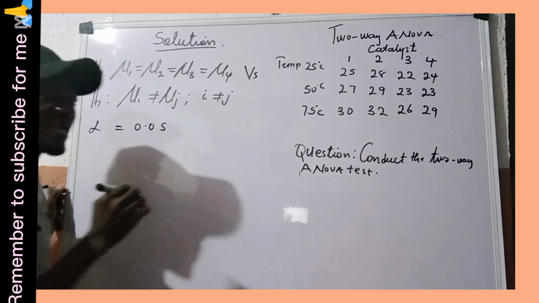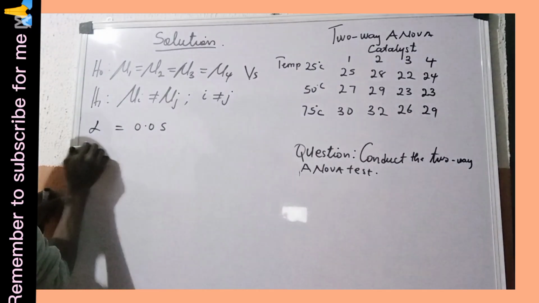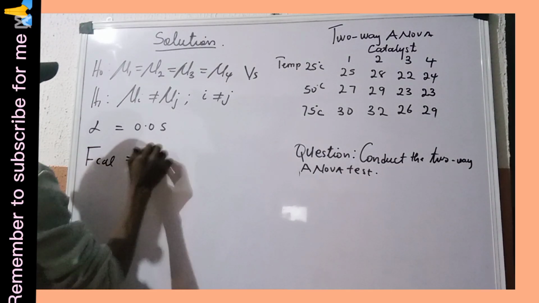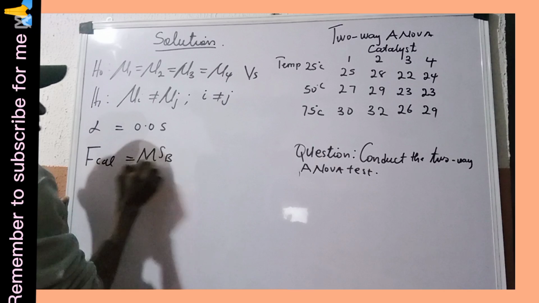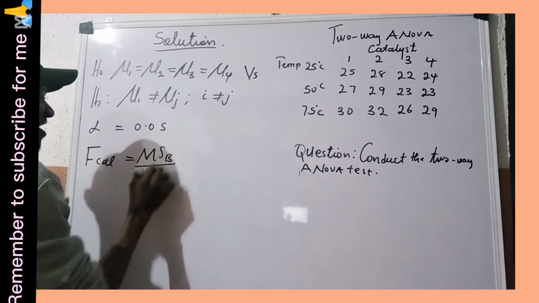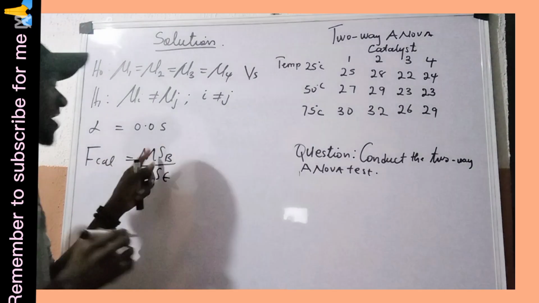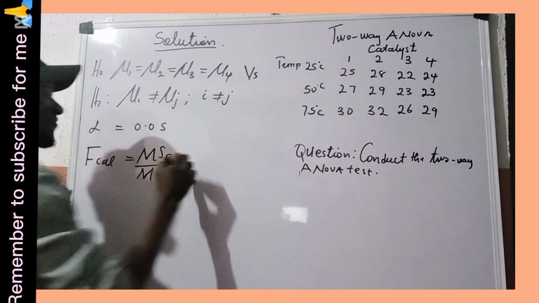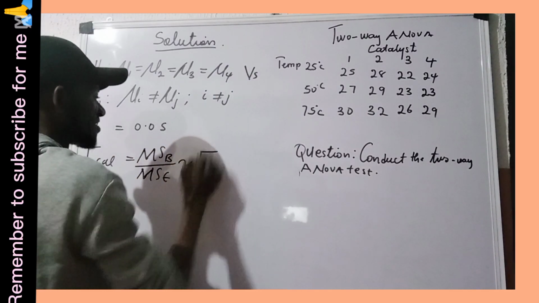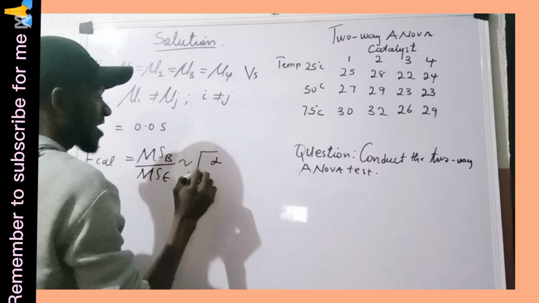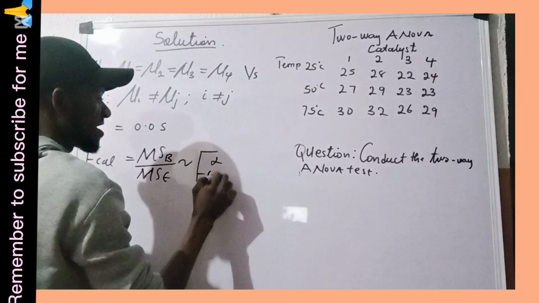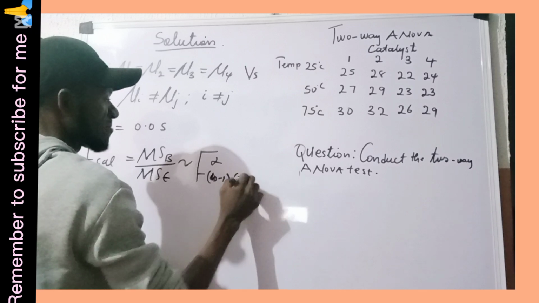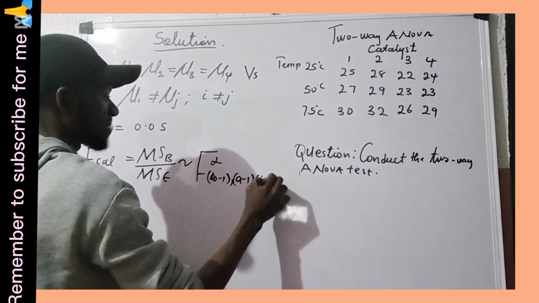Then we state the test statistic, which still remains F cal, given as MS of B over MS of E. That is the mean square of factor B, which is catalyst, over the mean square of error. It follows an F distribution with alpha level of significance and B minus 1, (A minus 1)(B minus 1) degrees of freedom.